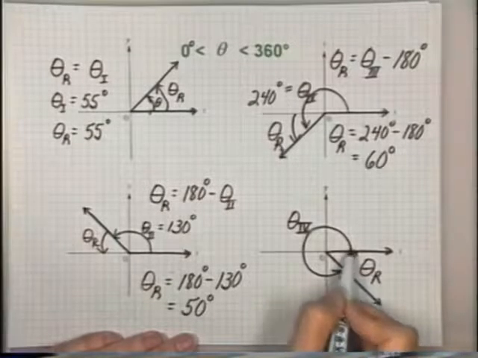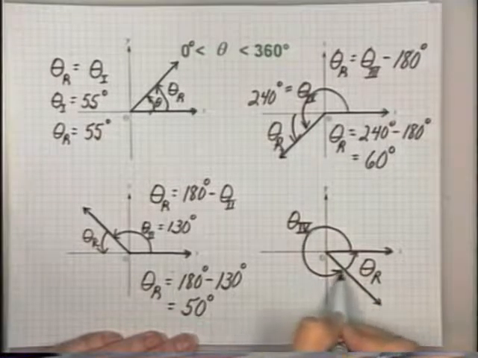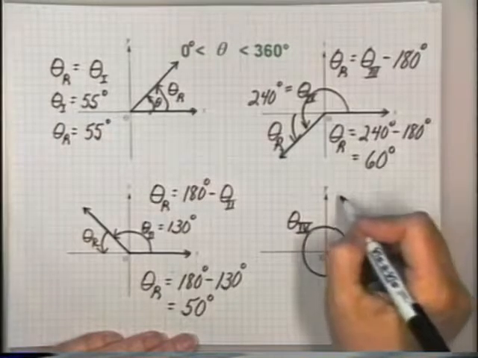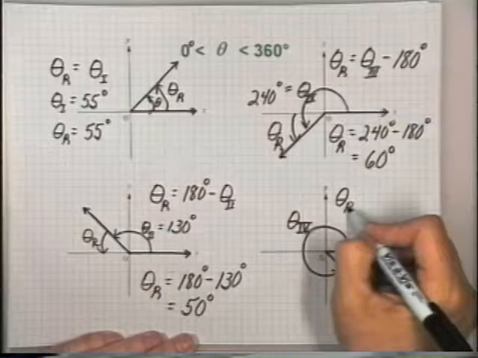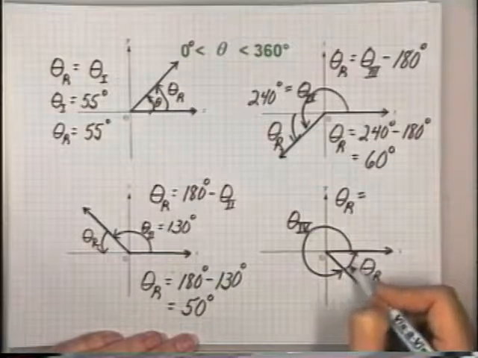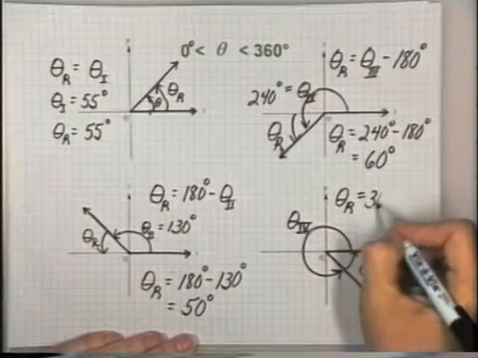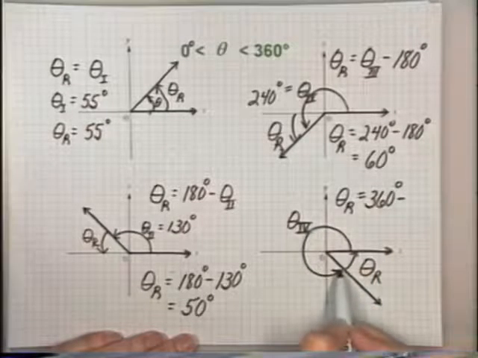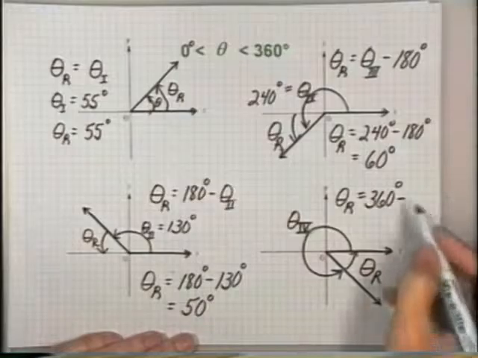We'll use the fact that if we rotate all the way around, that's 360 degrees. So if we want to find this reference angle, we'll say 360 degrees, subtract the measure of our fourth quadrant angle.